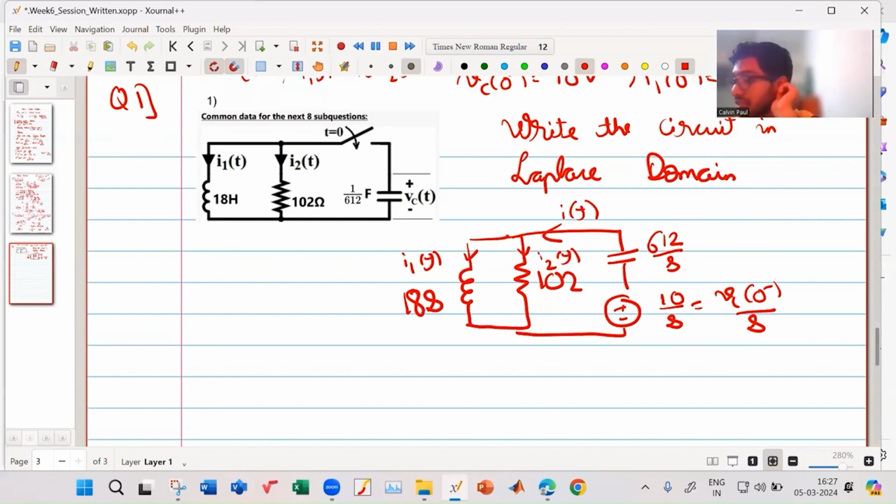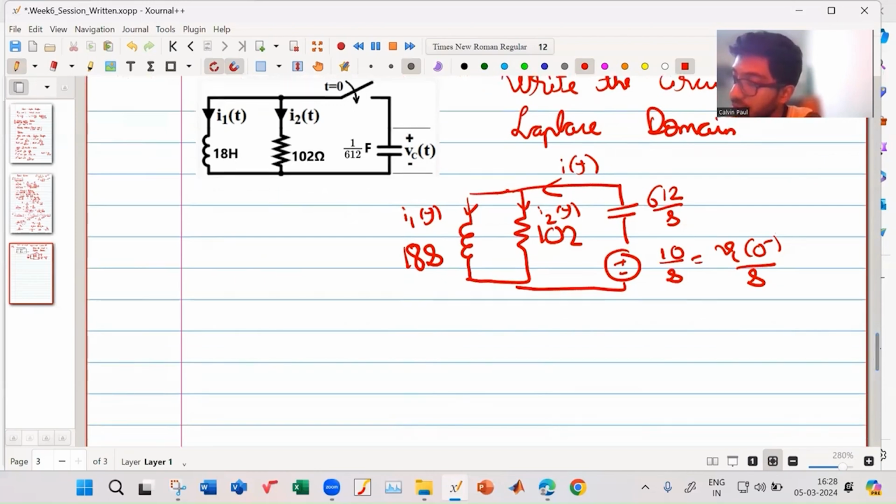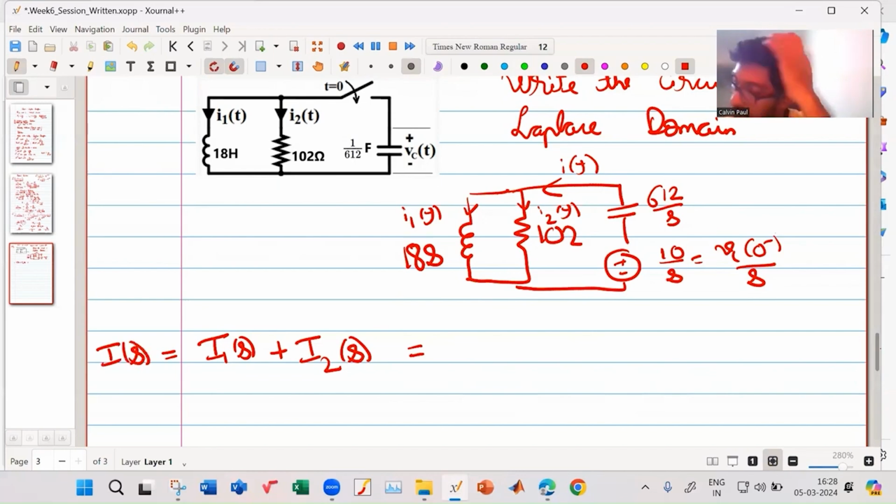So we have to find these equations. Because it is in Laplace domain, we write it in terms of s. So we have I1 of s plus I2 of s is equal to I of s, since the current I of t is I1 of t plus I2 of t.